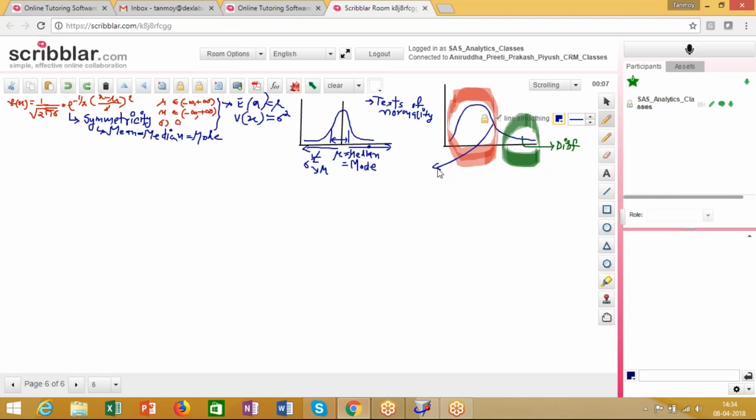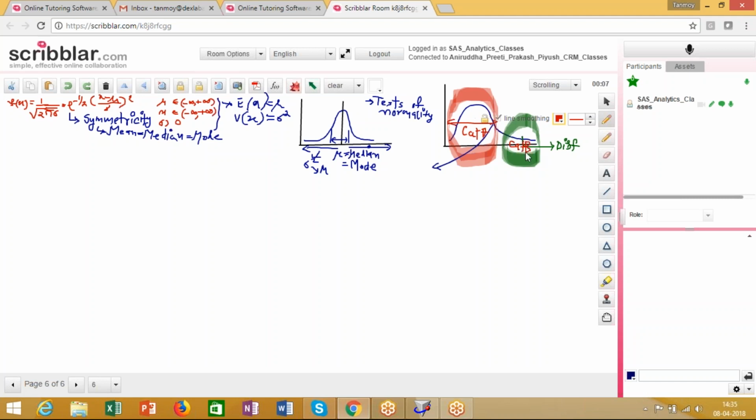This means that these two groups of values, the red and the green, are two heterogeneous groups of values punched into one distribution. Or I can say that this is a category A, and over here this is a category B.